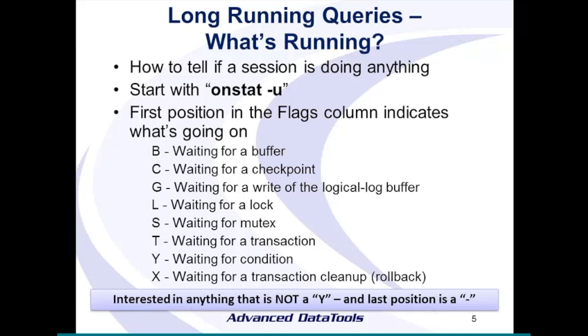You may see a B means it's waiting for a buffer, an L means it's waiting for a lock. All of these kind of things you're interested in. So if you run onstat -u and then filter out anything where that first position of the flags is not a Y, that probably shows you sessions that are active.